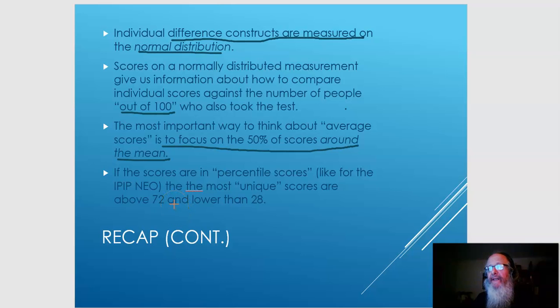And when we're interpreting our scores that are A, normally distributed, and B, reported on percentile scores, the most unique, the most telling scores, the ones that are going to show where you are most unlike the rest of the people who've taken the test, are scores above 72 and lower than 28.